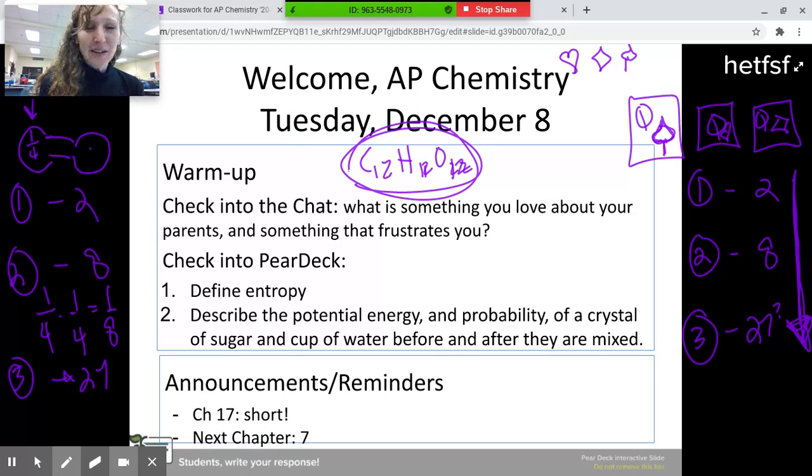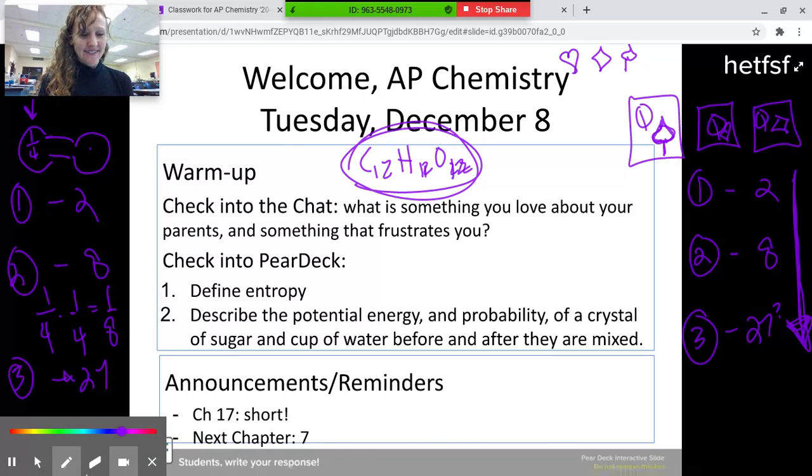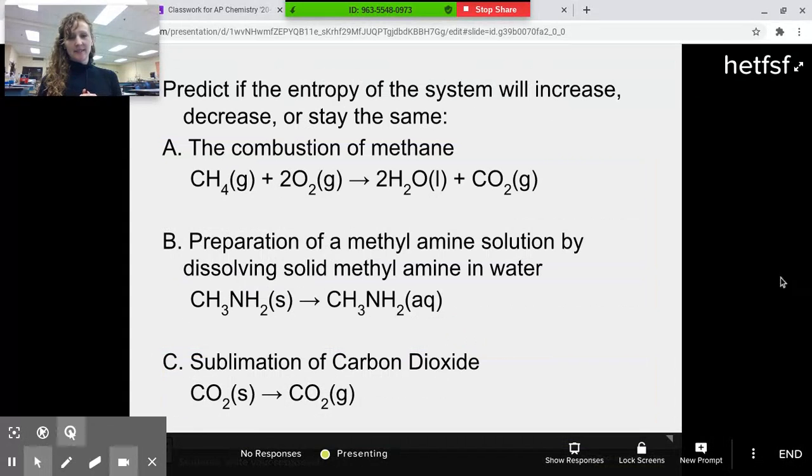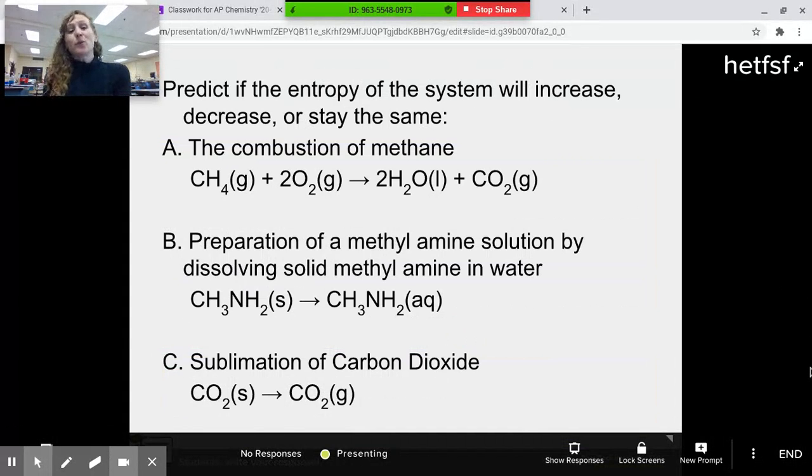Any other questions? Or should we just try some problems? Okay, I see nodding. Let's try some problems. All right, here's one. Okay, this was similar to the one that was in the notes, but it's different contexts.